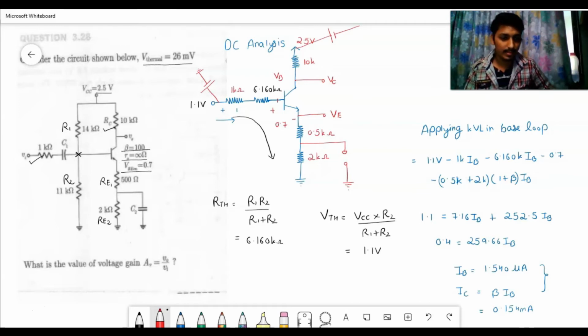As you can see, the base current is 1.540 microamps, so if we apply this equation here, 1.1 minus 1k IB minus 6.160 k IB minus VB equals 0.